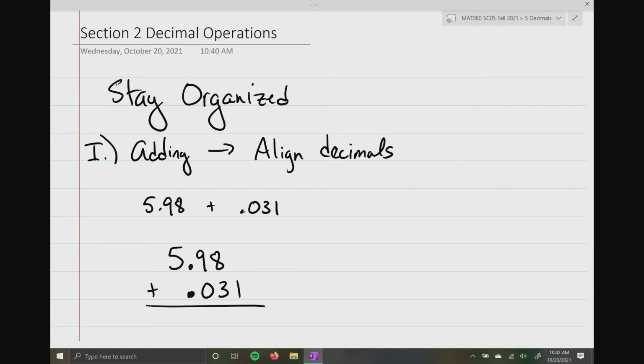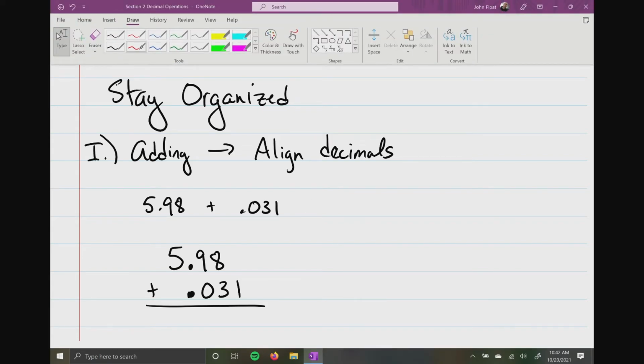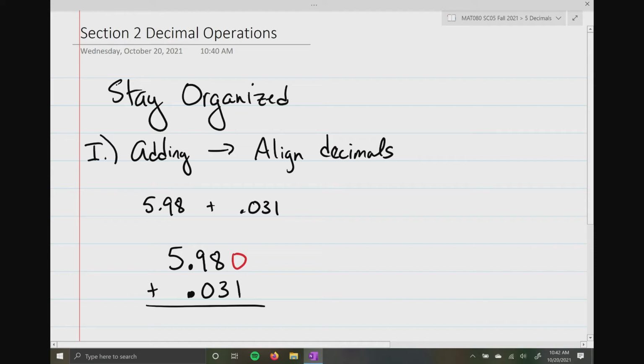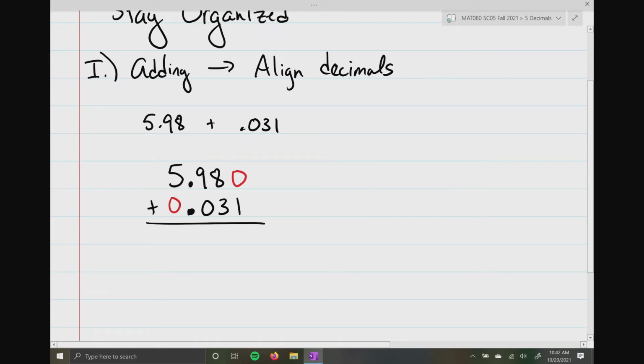Within the 5.98 number, wherever you see an open spot, you could put a 0 there if you wanted. In fact, underneath the 5, we could put a 0 as well. But the key to this is keeping everything all lined up. So now everything's lined up based off place value.